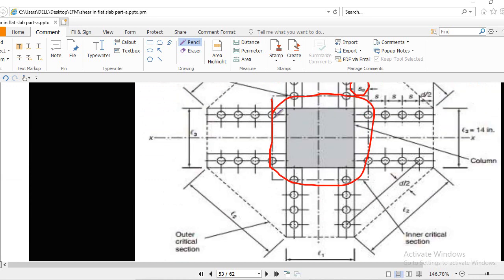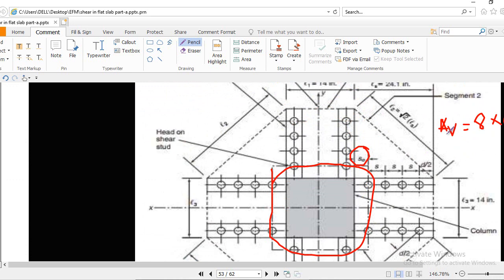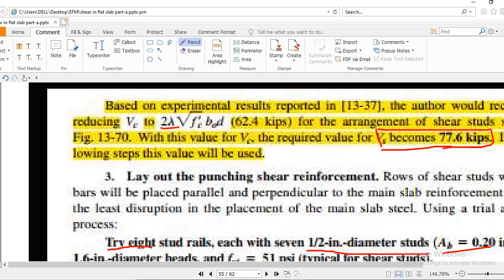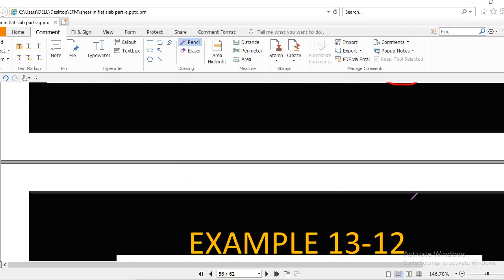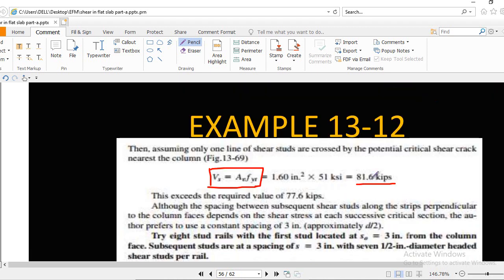So what will be the Vs strength of these 8 studs now? It can be determined by just multiplying this Av with the strength, that is fyt of this stud. So we got 81.6.